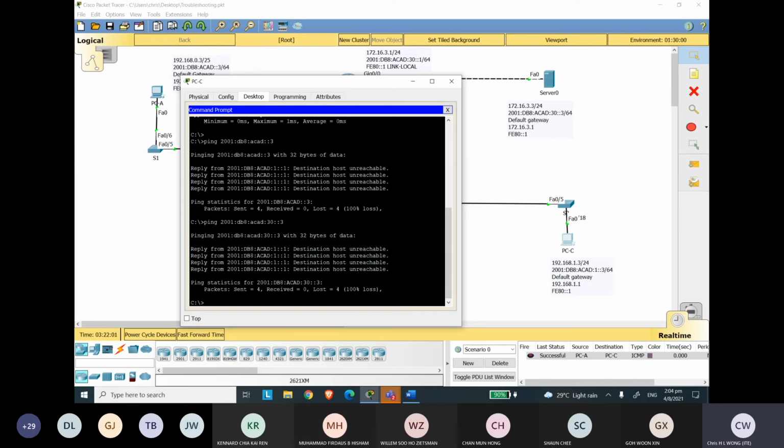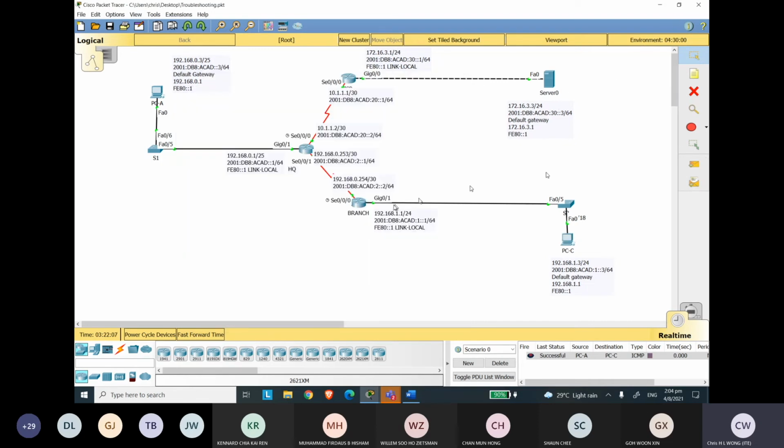So the next question, display the routing table. Since you cannot ping, we all know that this router needs a static routing from here and here. So you must have the static routing. If it doesn't have a static routing, of course we cannot ping from PCC to PCA and the web server. When there's no static routing from the branch router to here, definitely you can't ping from PCC to PCA.